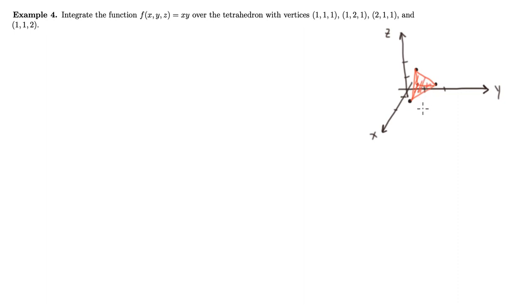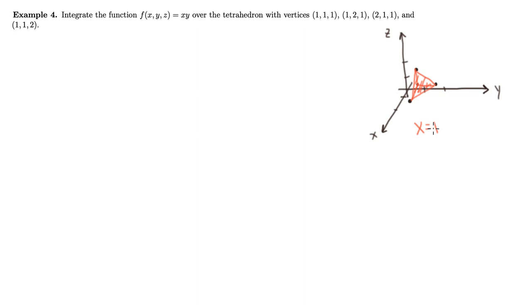It has 4 sides. And the key thing we want to see here is that these 4 sides are given by 4 planes in space. One of the planes, notice that these 3 points here, the x-coordinate is all equal to 1. So one of the planes is x equals 1.